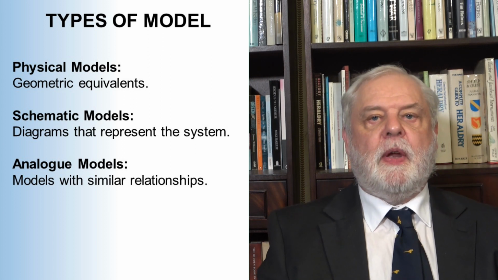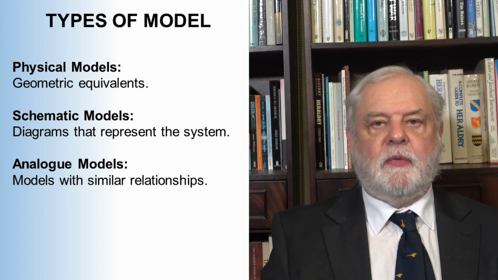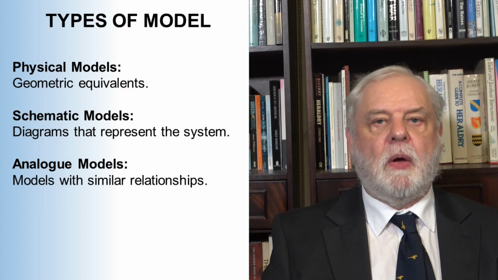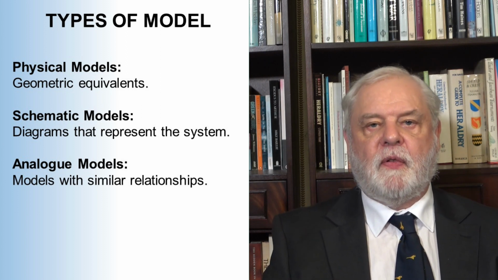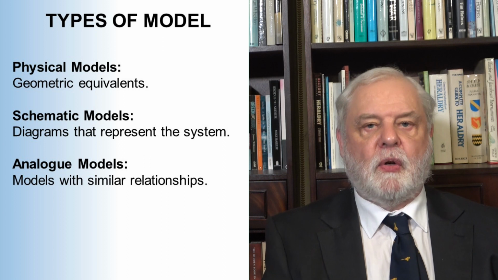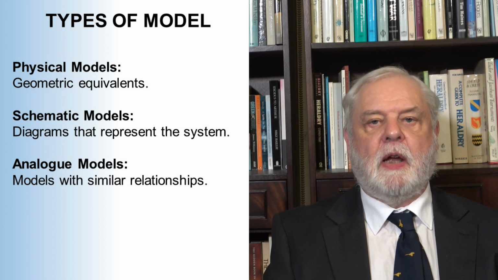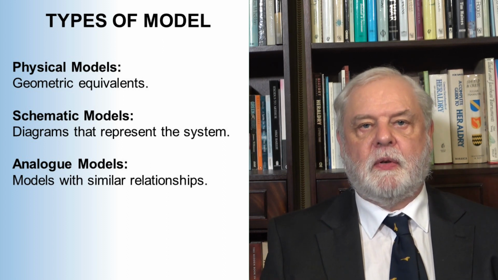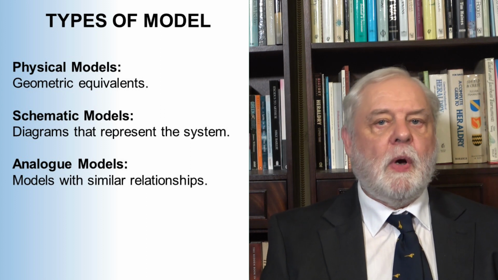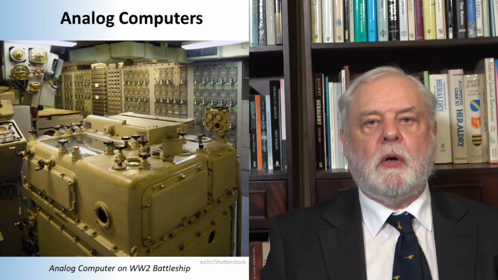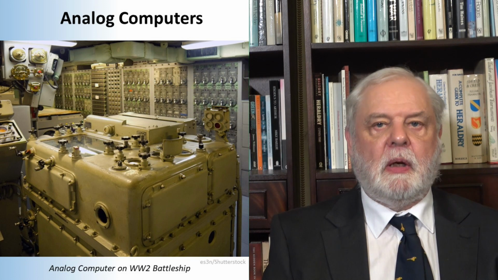For example, we could use rivers and streams as an analogue for traffic on a road. Some of the behaviour of flowing water, for which we have a good understanding, could then be applied to our understanding of traffic management.